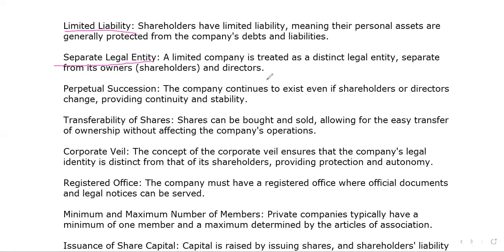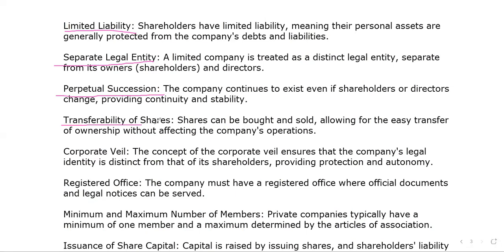So a separate legal entity simply means that the company is its own existence. Limited companies also have components of perpetual succession, meaning the company will continue to exist even if one of the shareholders or directors may die or may change. So it has a perpetual succession, unlike where we have a sole trader dying and the business also dies.